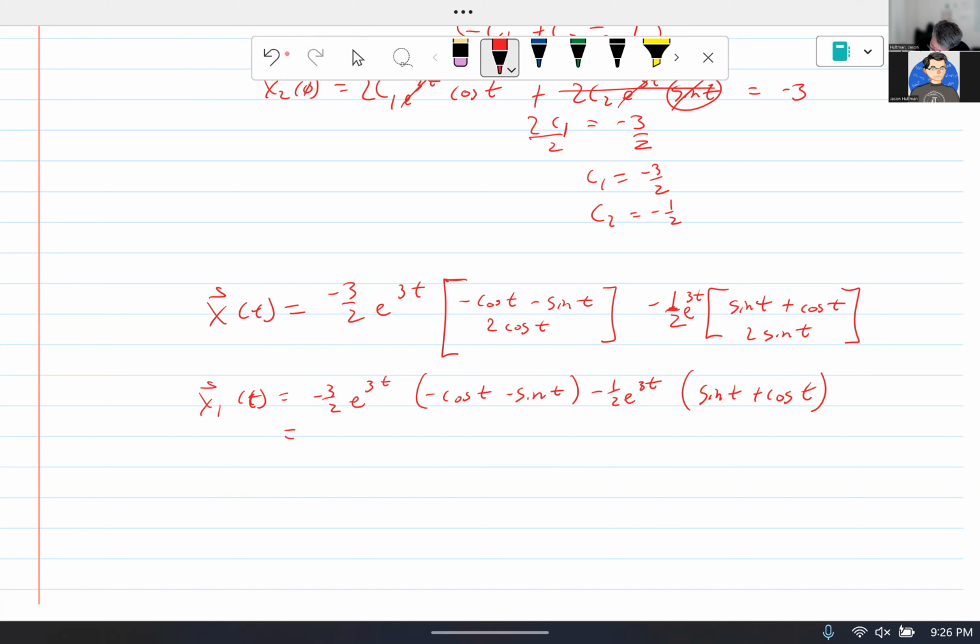Factor out the e to the 3t, and distribute this and distribute this.